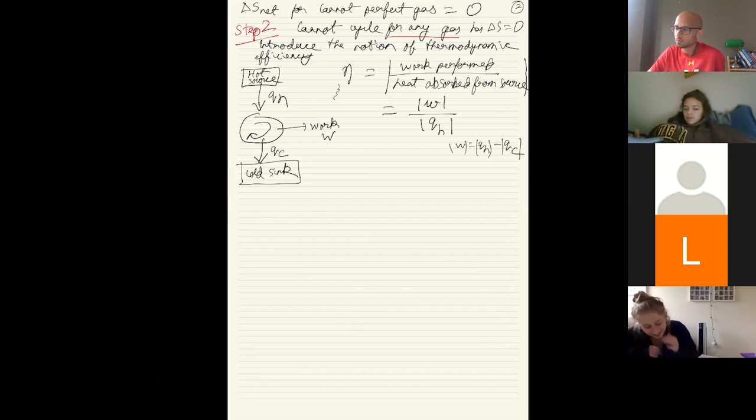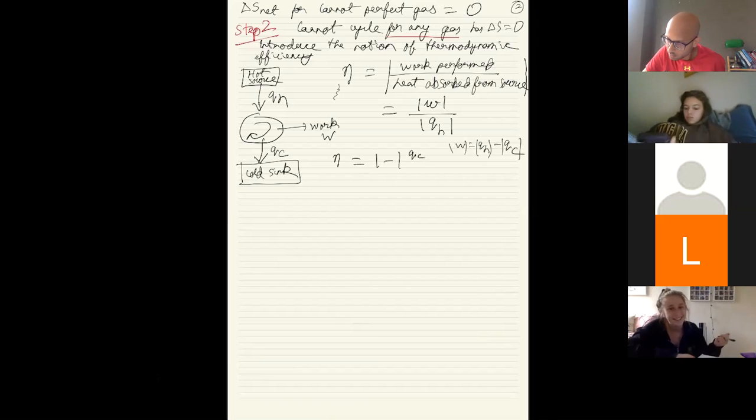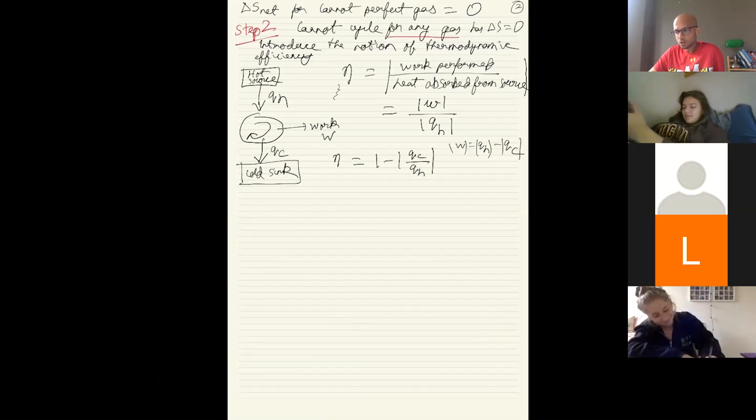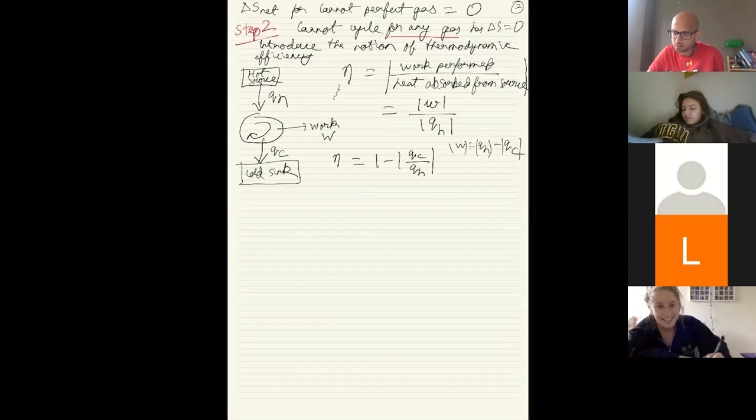W is equal to modulus of QH minus QC. So there is a constraint between all three. You don't need all three to define the efficiency. Two of them are sufficient. So what does this mean? Using this relation, we can write it in terms of QC by QH, 1 minus QC by QH. Now we just showed something for, and this is where the parallels from the Carnot cycle that we drew come in. This hot source could be the isotherm.